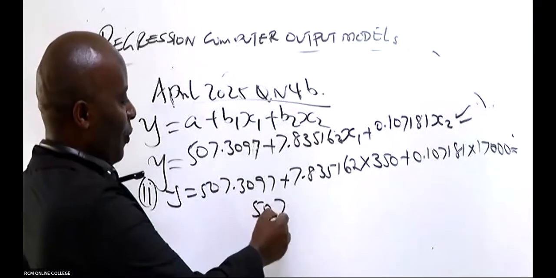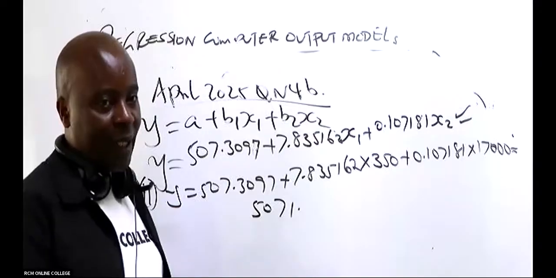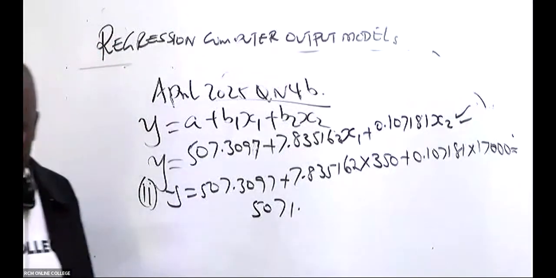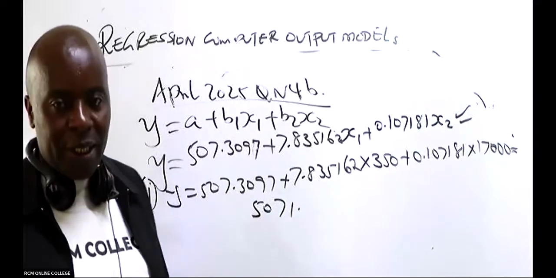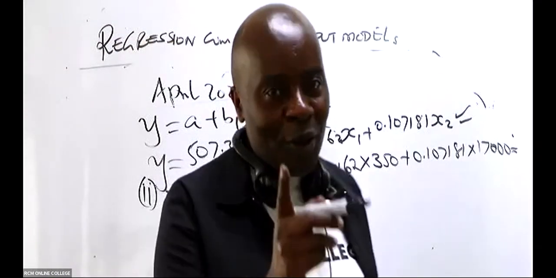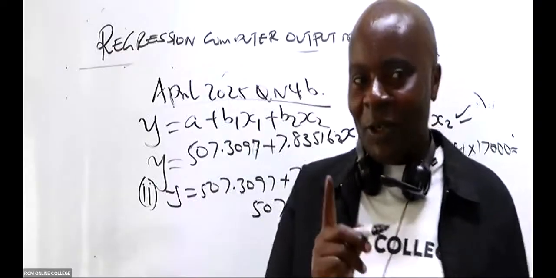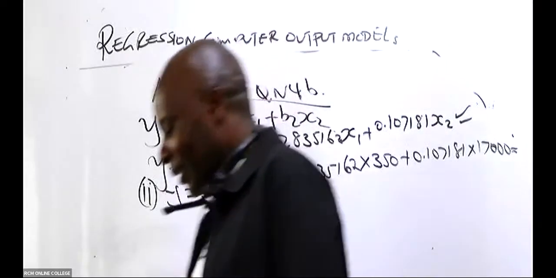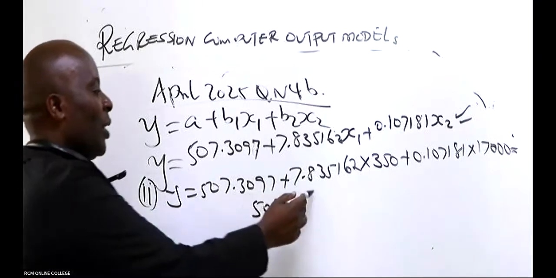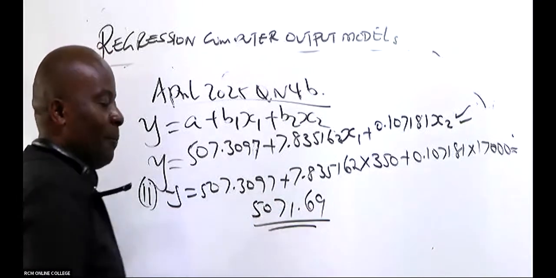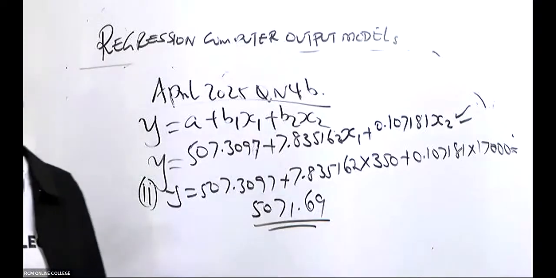This must be the correct one. 5071 point. Check. 2 people, most probably seated in very different counties in Kenya, cannot conspire to give me that big number and then it is wrong. 0.69, right? So that is correct. I hope my great sister there will be able to get that.